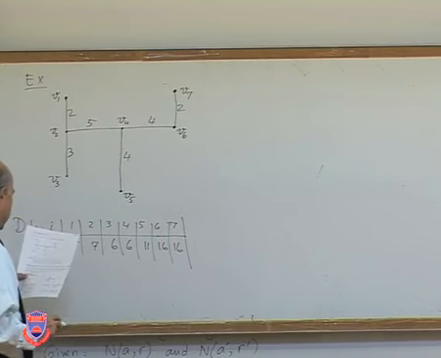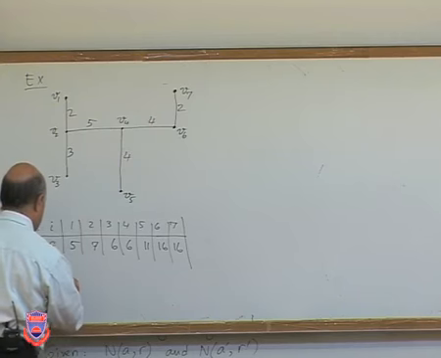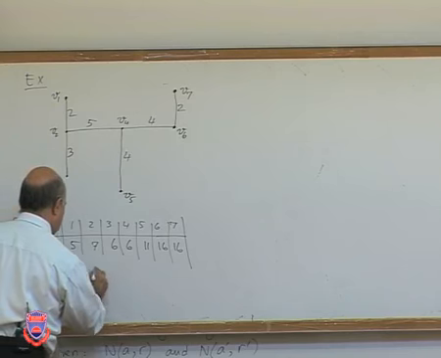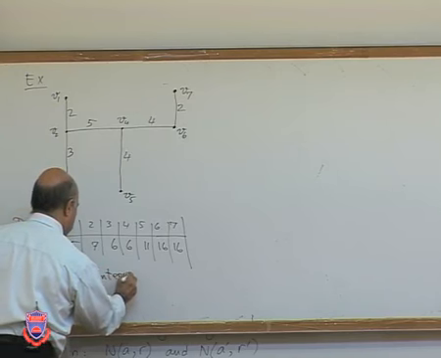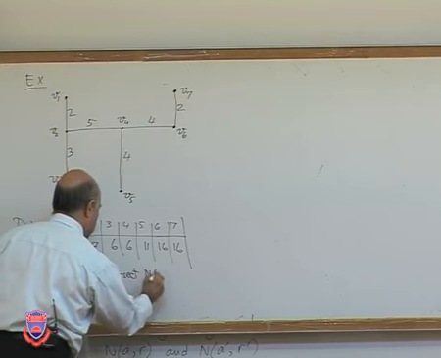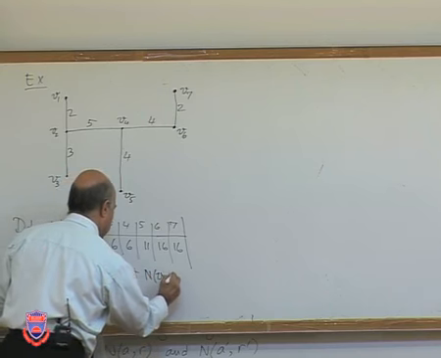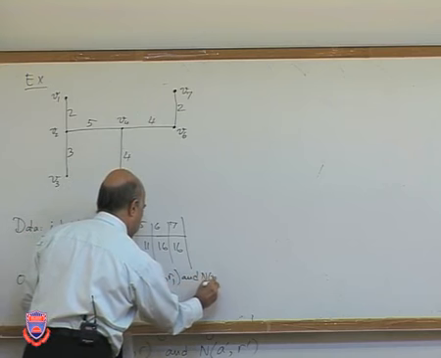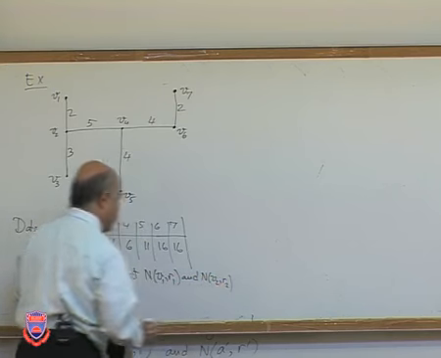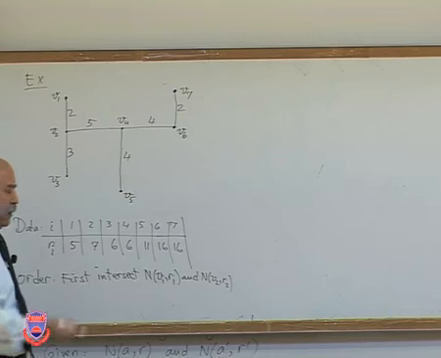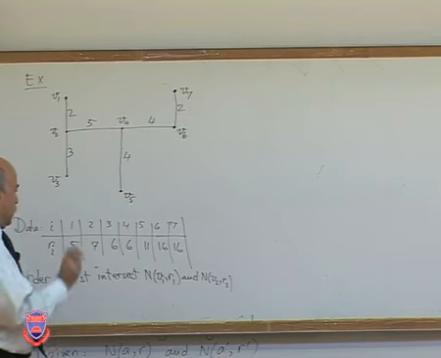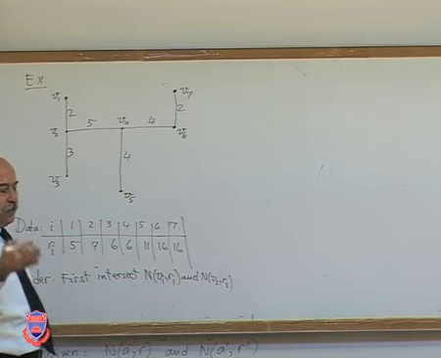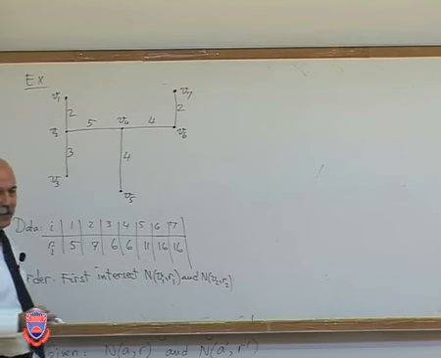The order of processing will be first intersect 1 and 2. Then continue with the intersection of the output of this with number 2, number 3, number 4, etc. Okay?